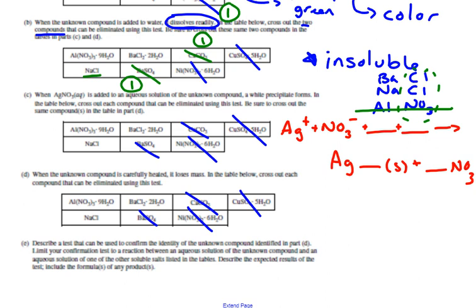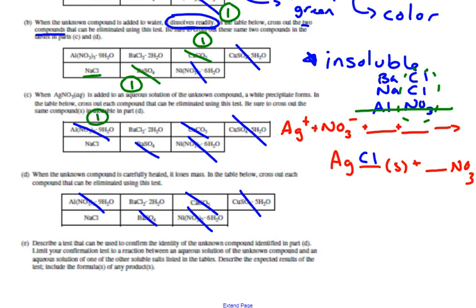It's got to be a Cl to make a precipitate. We have to cross out the one that doesn't make a precipitate. So listen to this, this is interesting. 1 point is earned for crossing out AlNO3, or for crossing out the NiNO3 if you didn't have that crossed out yet, like if you made a mistake. So again, you get a single point for that.